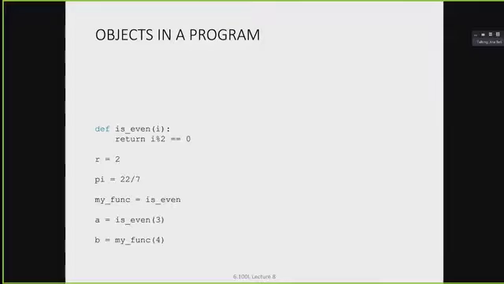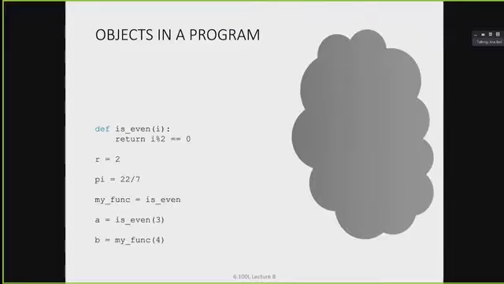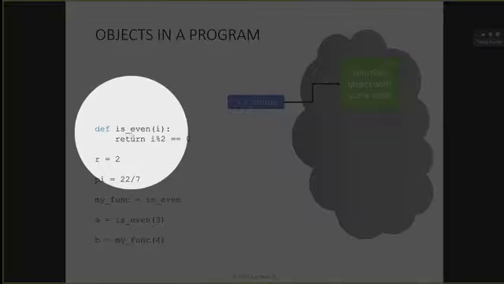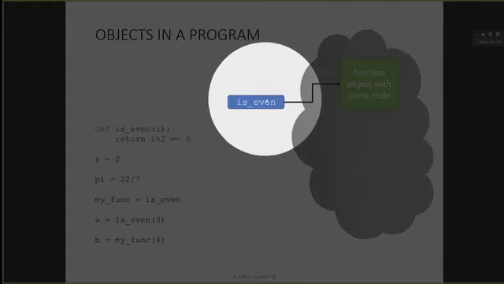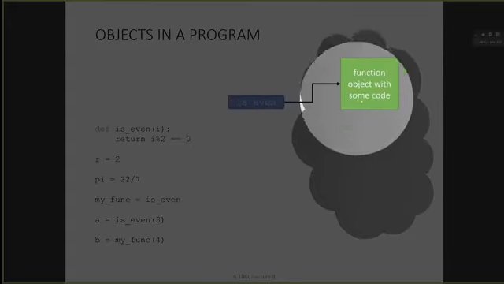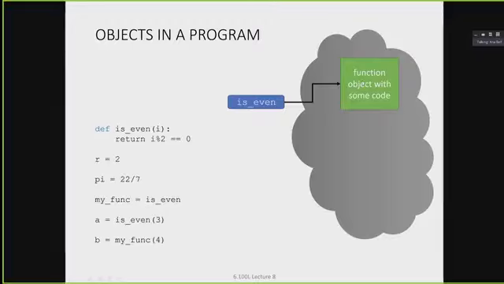Pretend that this is our code file. We've got the memory. The first line of code here, the definition, basically creates this function object for me in memory. It's kind of like a variable, right? is_even is the name of this function object, and this variable is bound to my function object with some code associated with it.